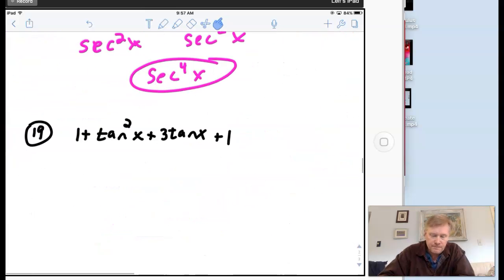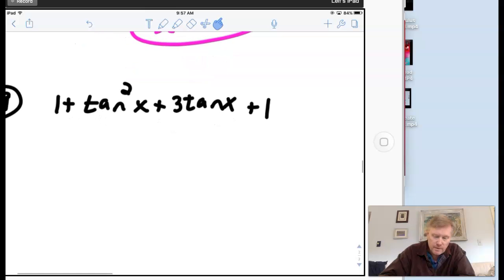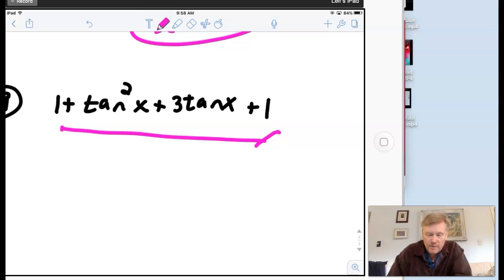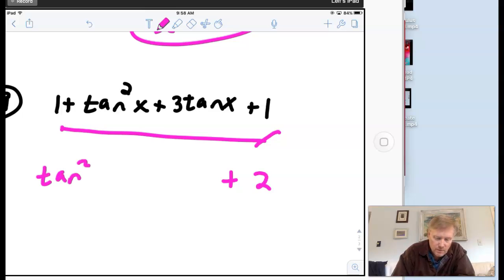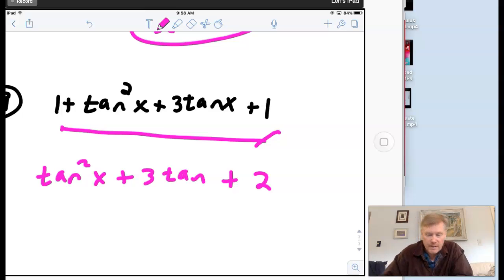2 more. So this one, I see I have some regular numbers together, so I can combine the 2 1s, and I can get a 2 out of that, which leaves me with tangent squared of x plus 3 tangent of x plus 2. So this, once again, is a factoring problem.